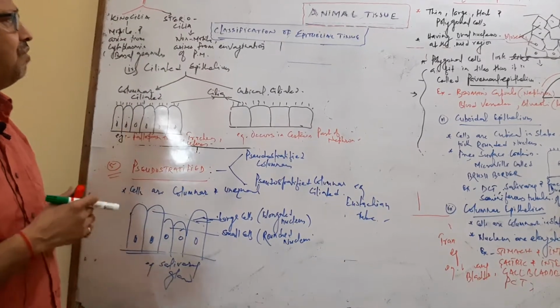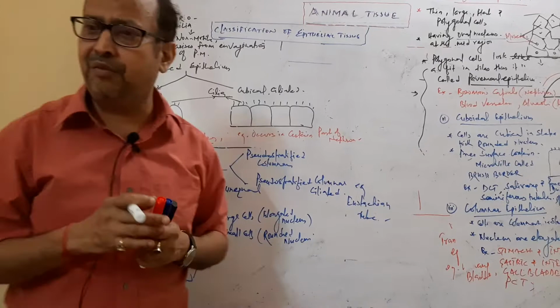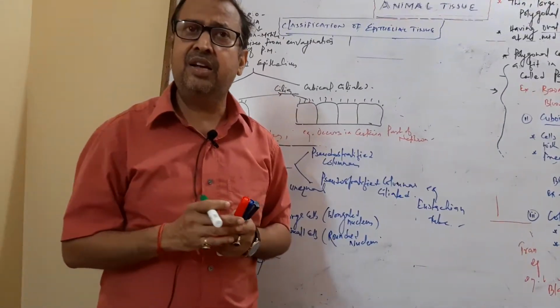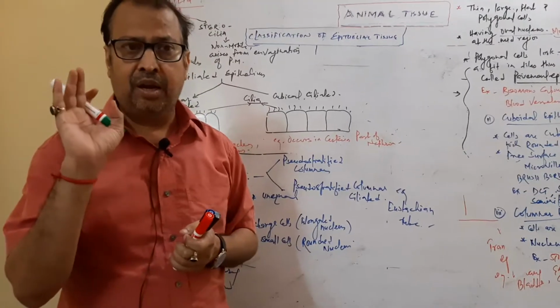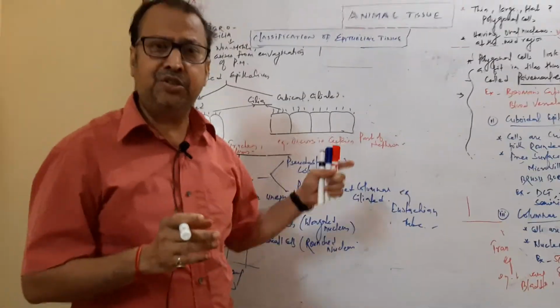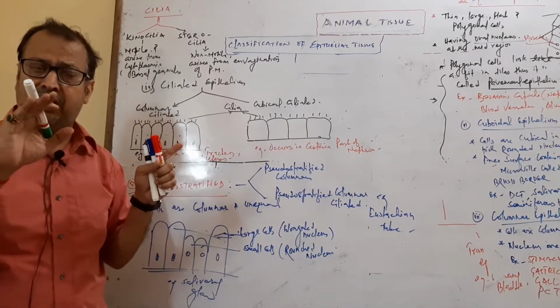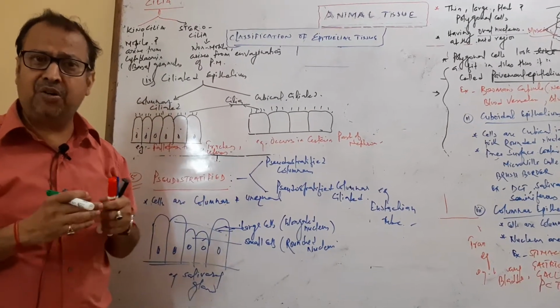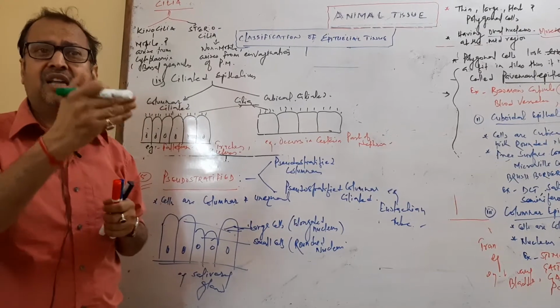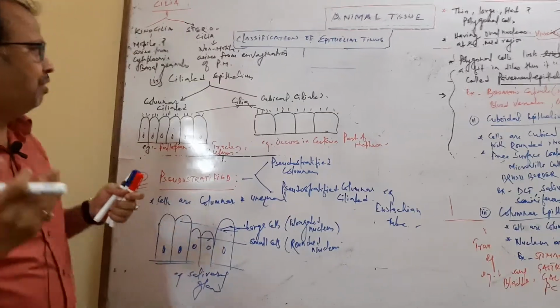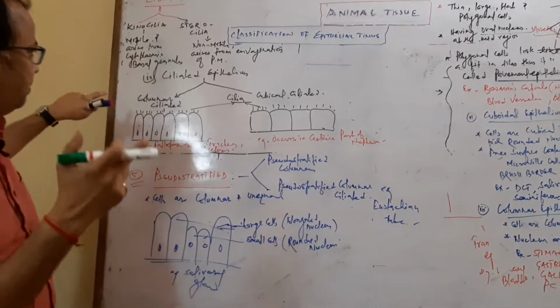In the classification of epithelial tissue, there are 2 types: one is simple tissue and another is compound tissue. In simple tissue, single layers of cells are present, single layer only. In compound epithelium, multi-layered cells are present, one above another.